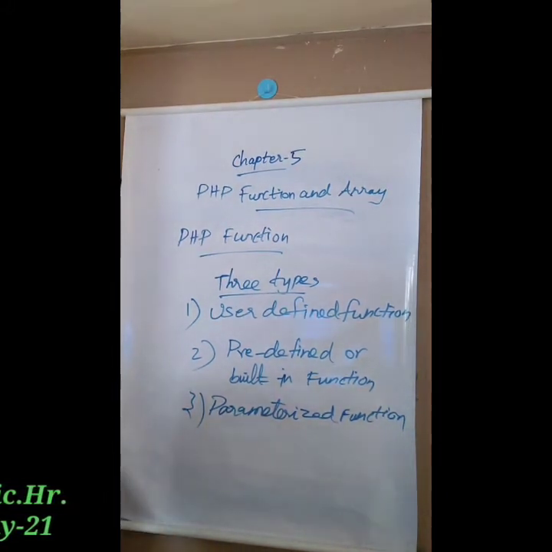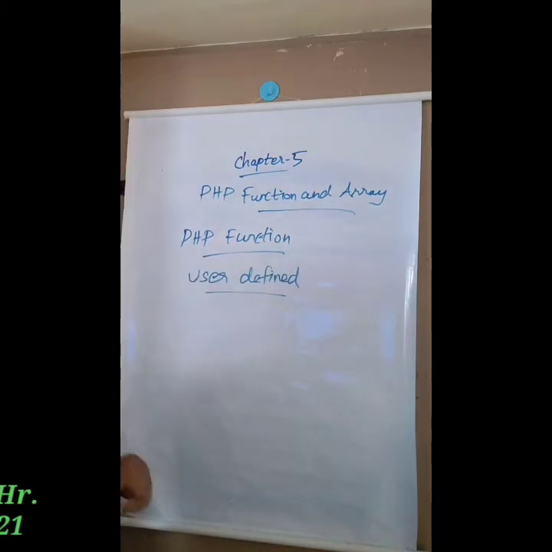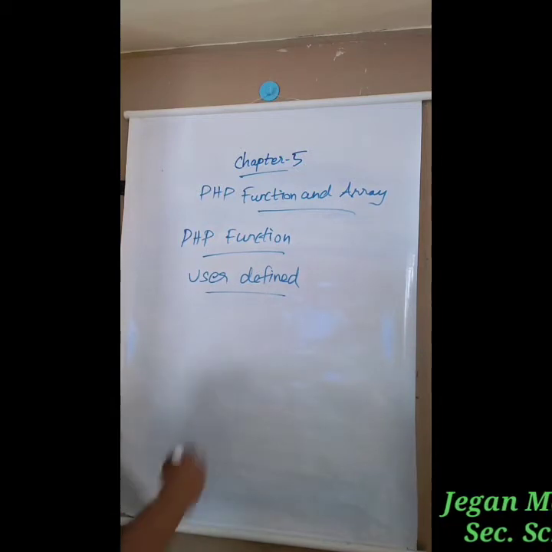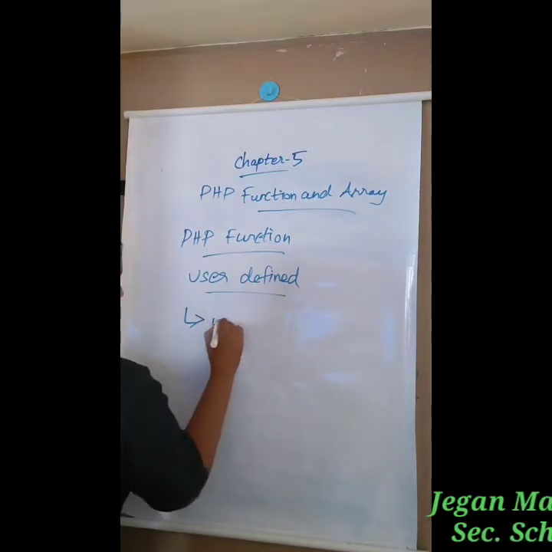Now let us see one by one. The first one is user-defined function. A user-defined function in PHP gives privileges to the user. Privileges means permission, so the user can write their own specific operations inside an existing program module. The user can create their own function.